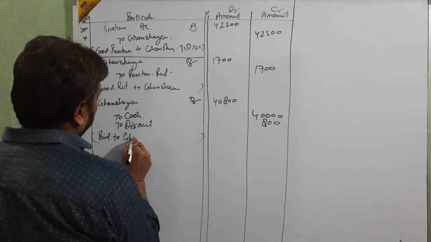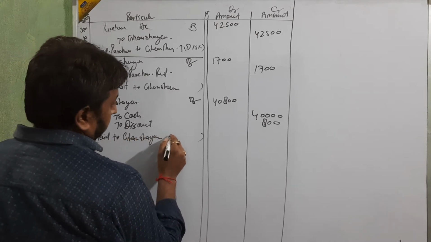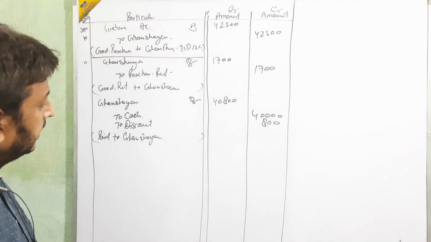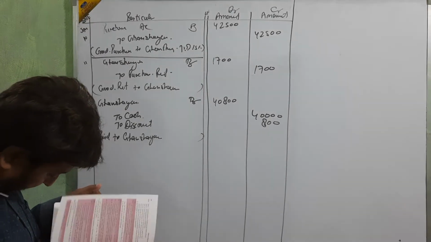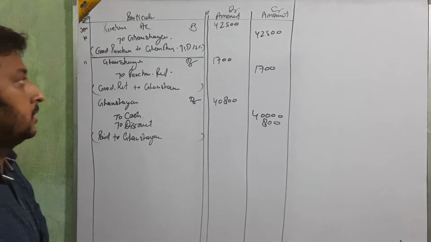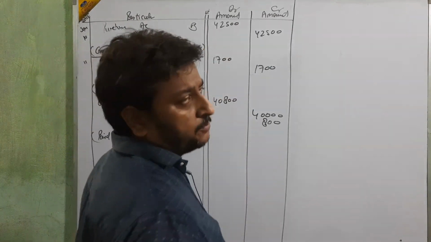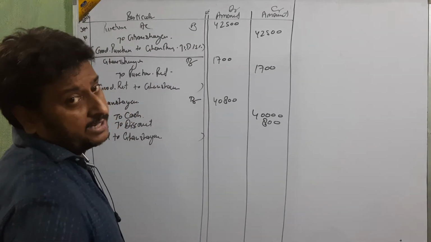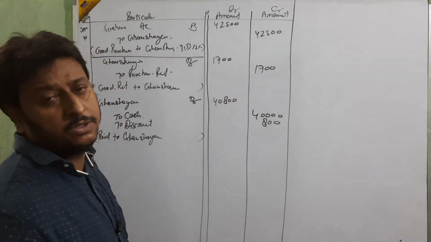Paid to Ghanshyam. Clear? Clear or no? This amount is the purchase. 42,500 we have to pay, but 1,700 we are returning.